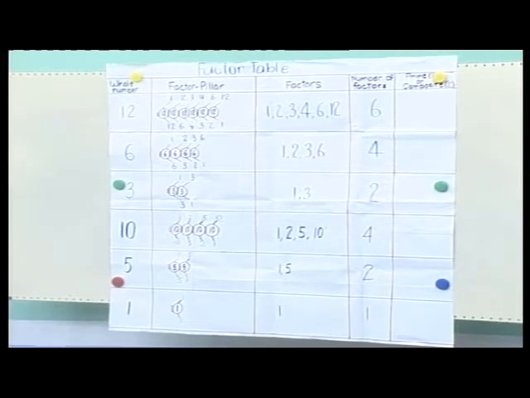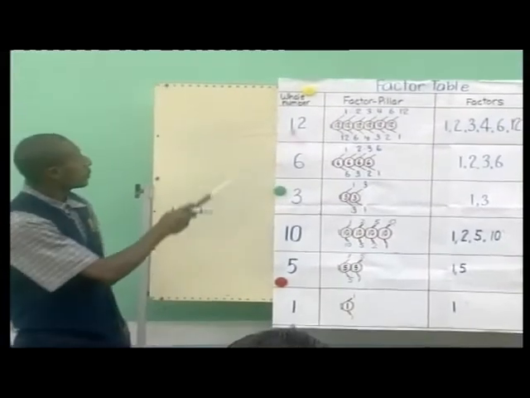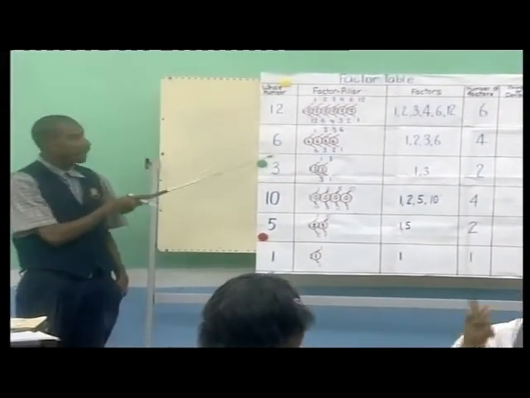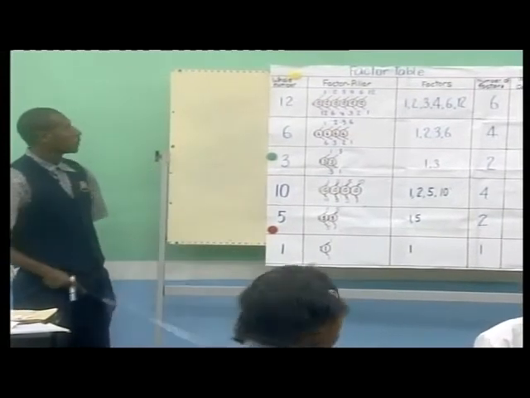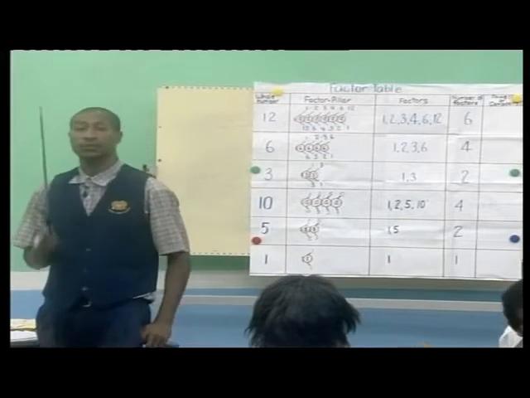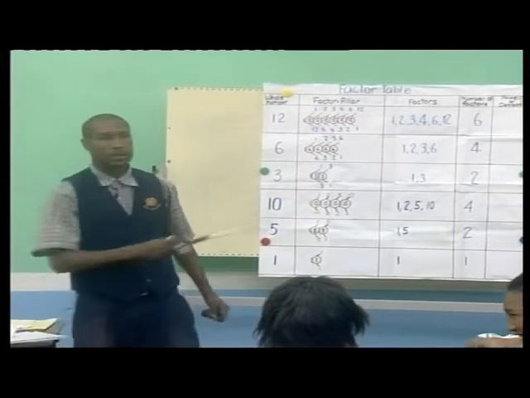Looking at the factor table on the whiteboard, from these whole numbers from 12 to 1, how many whole numbers have 2 factors only?